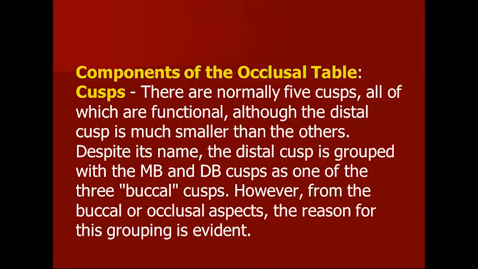There are normally five cusps, all of which are functional, although the distal cusp is much smaller than the others. Despite the name, the distal cusp is grouped with the mesiobuccal and distobuccal cusps as one of the three buccal cusps. From the buccal or occlusal aspects, the reason for this grouping is evident.